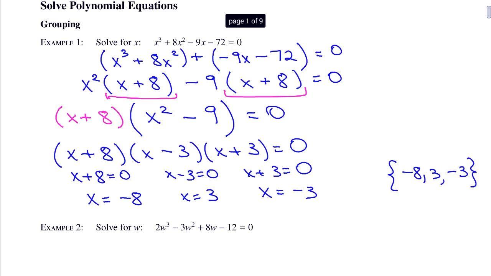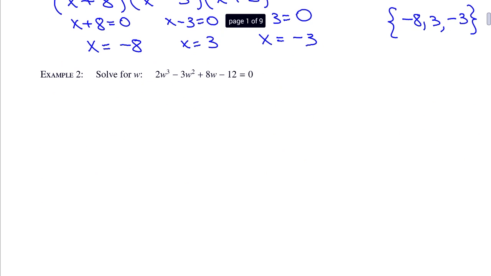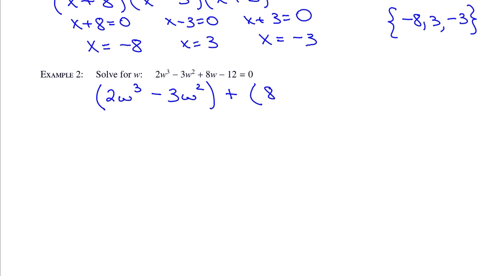In example 2, we want to solve for w. The equation is 2w cubed minus 3w squared plus 8w minus 12 equals 0. We're going to use grouping again on this. So I'm going to group together 2w cubed minus 3w squared plus, parentheses, 8w minus 12 equals 0.